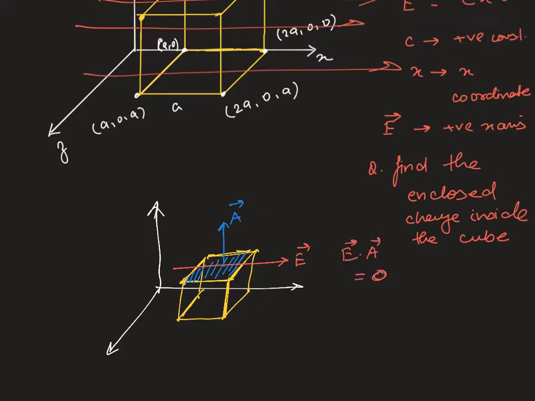If we don't want to understand this numerically, we can simply say that the field passes parallel to the surface, hence the flux is going to be 0. Likewise, there is going to be a bottom face, this one. Again, the flux through this face is going to be 0 for the same reason. The electric field is perpendicular to the area vector.